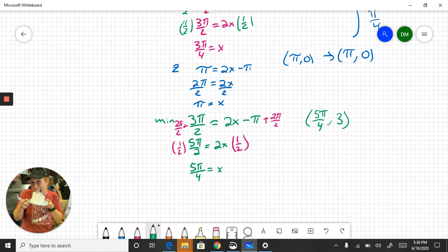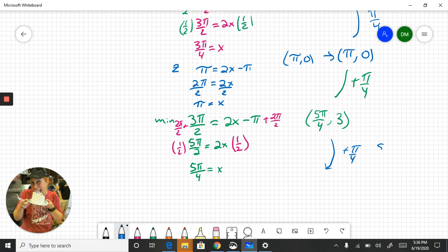So if the pattern is holding true, we don't necessarily need to keep adding because this is plus pi over 4. So I can actually get my last point based on the pattern, and going from here to here would be add pi over 4.